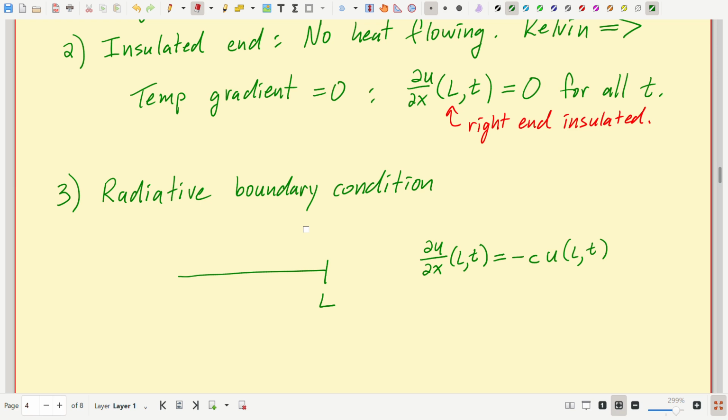I sat through a lot of classes where they were trying to teach me this stuff. I was an engineering undergraduate, so I had to take classes on this stuff to make sense of it. And I think that makes sense. If this was really hot, then of course it would radiate a lot of heat. And if it's radiating a lot of heat, that would have to make, by Kelvin's law, the gradient negative.